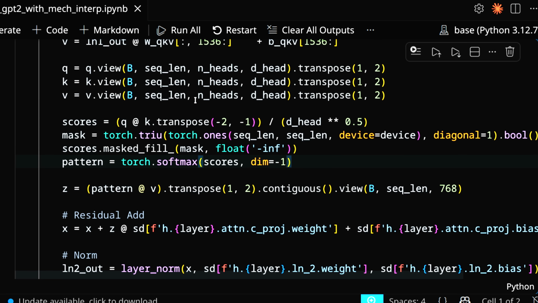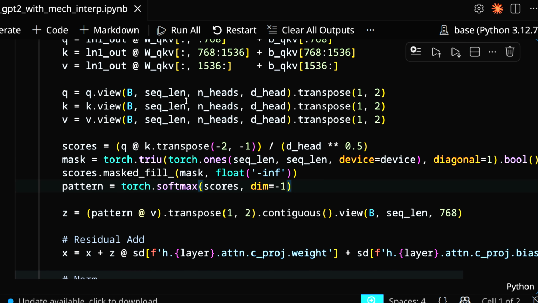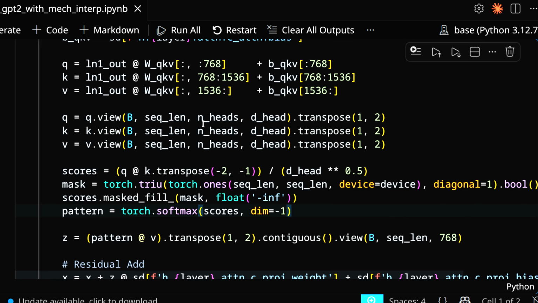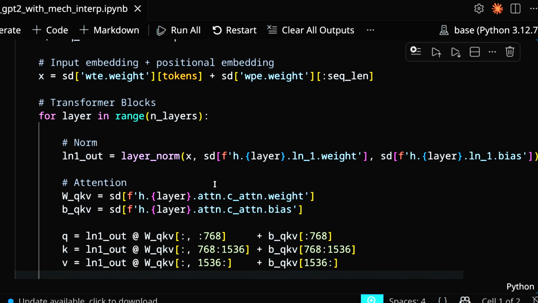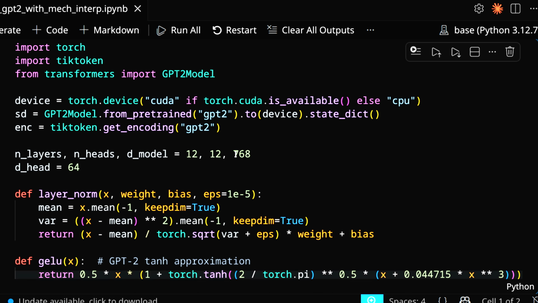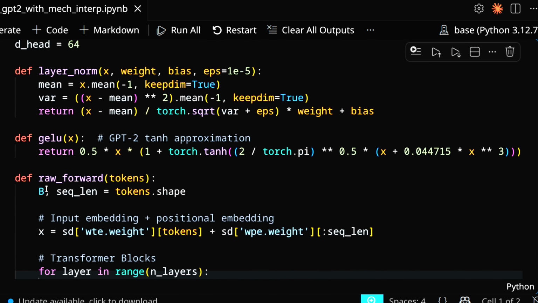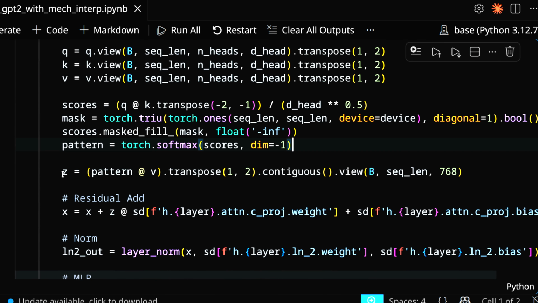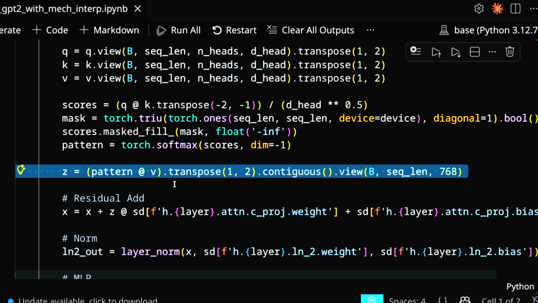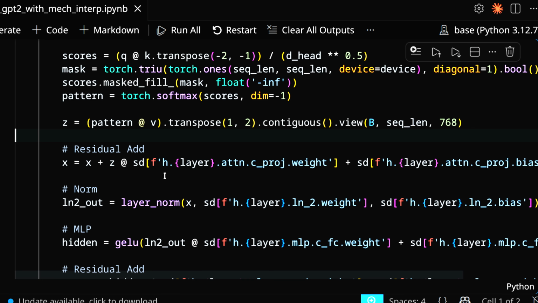It splits it into, I believe, 64, which, if you look up here, is 768 divided by 12, or the D model divided by the number of heads, and that creates the head dimension, which is a length of 64. Then right here it converts back to the length of 768.